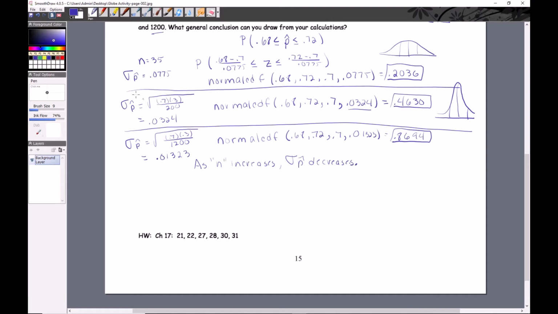That means that the sampling distribution gets taller and skinnier, concentrating more and more probability in the center and less in the tails.